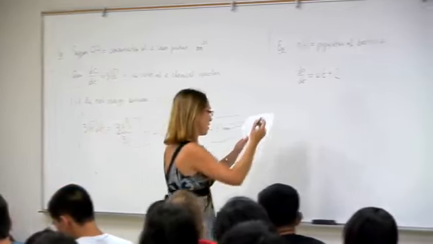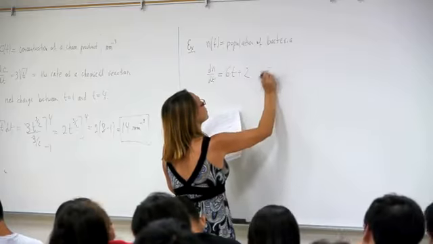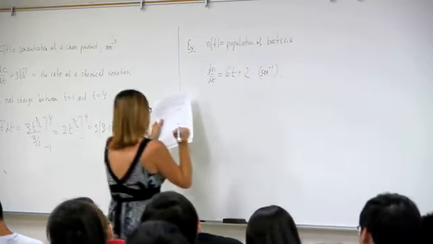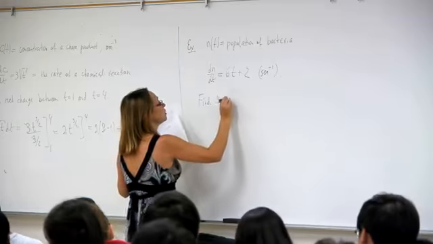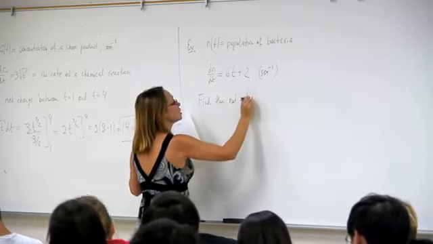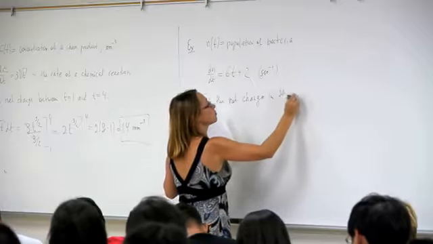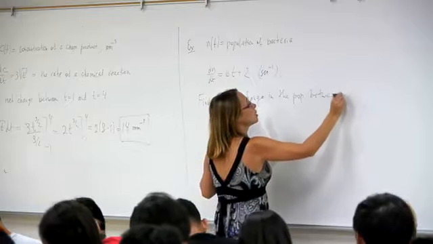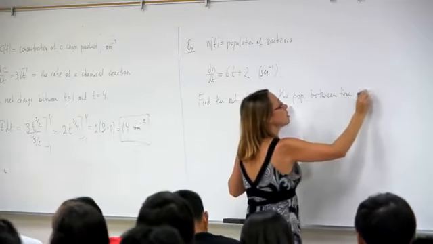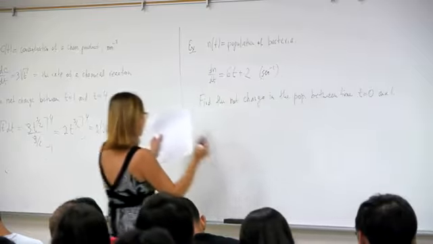And I want to know, so this would be seconds minus 1, okay? So I want to find the net change in the population between time 0 and 1. I make my math easier here.